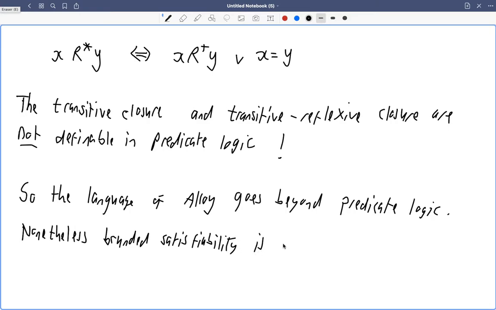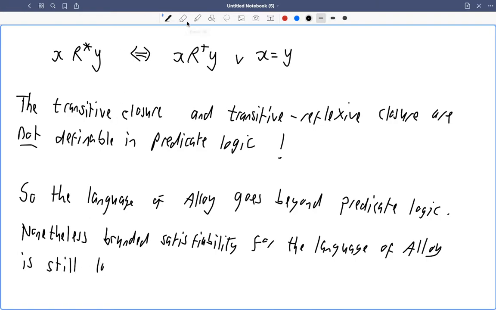The bounded satisfiability for the language of Alloy is still reducible to SAT solving.